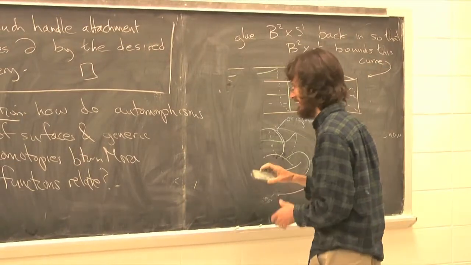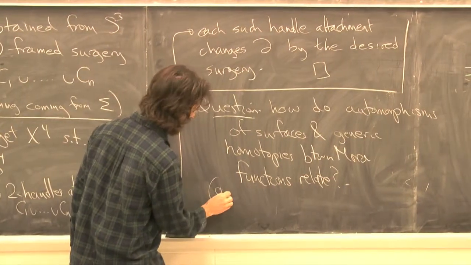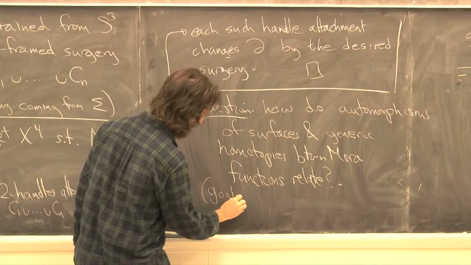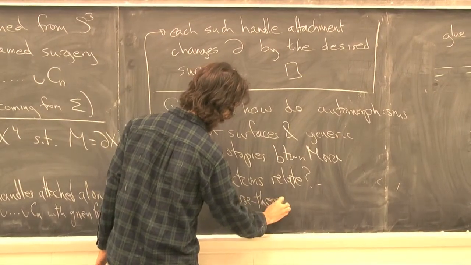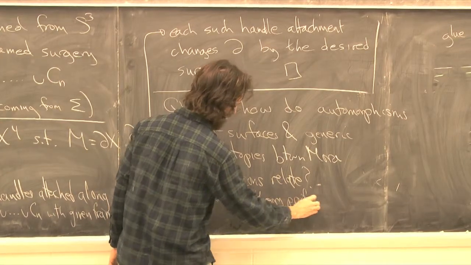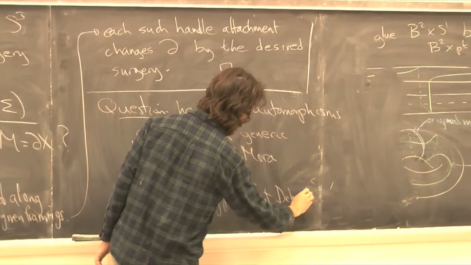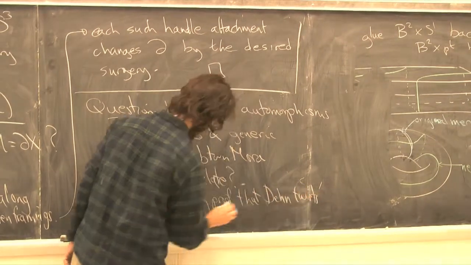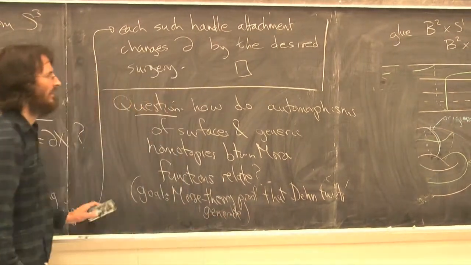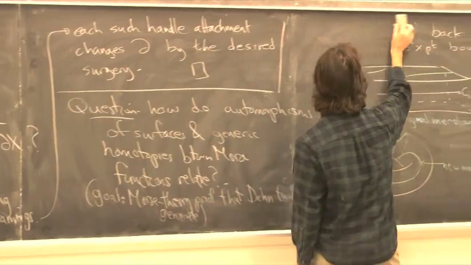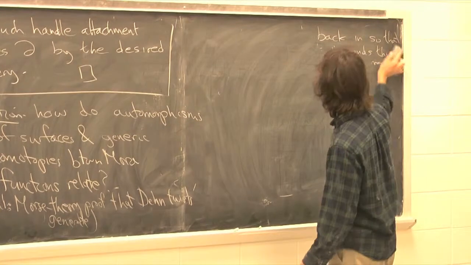The goal is to get a Morse theoretic proof that Dehn twists generate. With luck, I'll come up with that at some point.